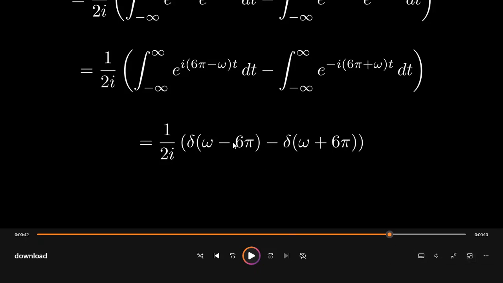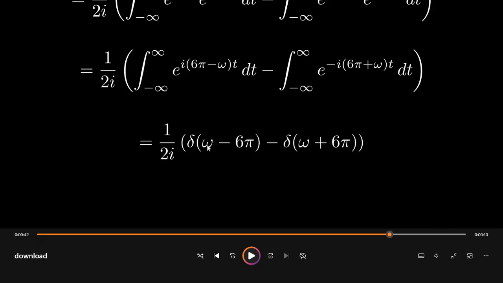What the Dirac function says is that this integral equals the Dirac function with the value of this, namely 6 pi minus omega.